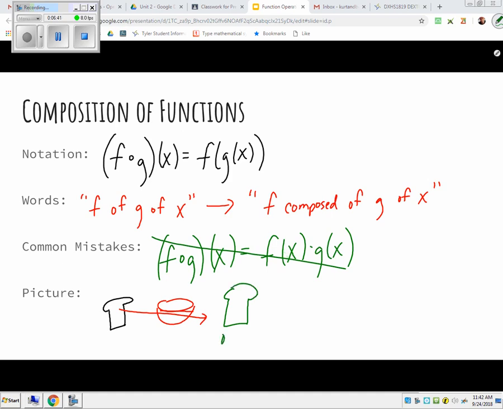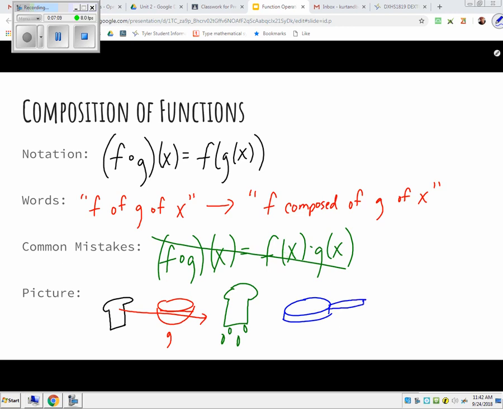I'll put little droplets down here to show it soggy. So what happens is it goes through this machine, and this machine could easily be my g function of just going through the batter. Now, to make French toast, I then have to have a skillet. I don't know if my skillet drawing capabilities are up to par.